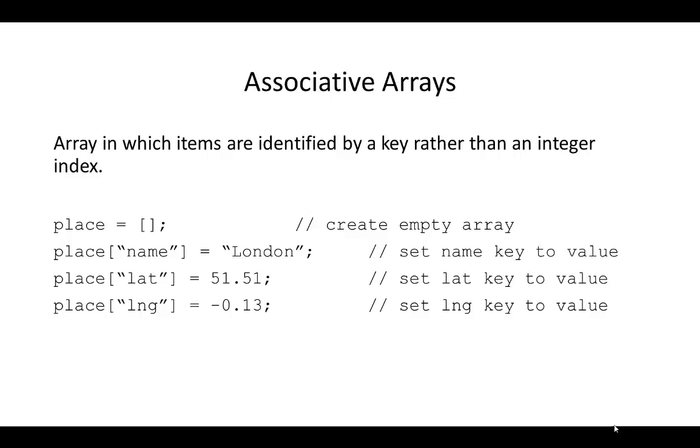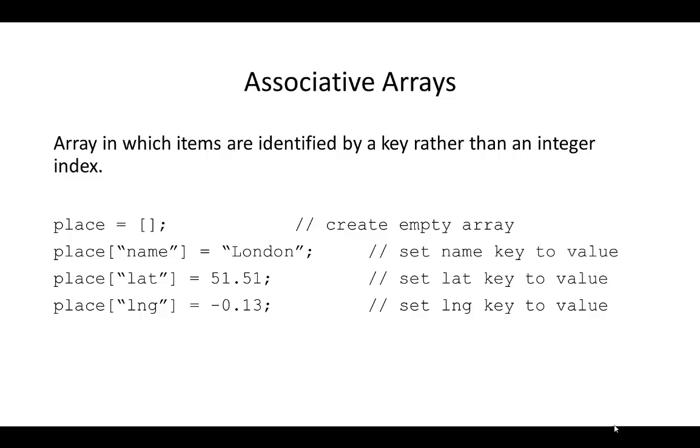Associative arrays are arrays in which the items are identified by a key rather than a numeric value. So I can create an empty array called place, and then I can put an item with a key name equal to London.